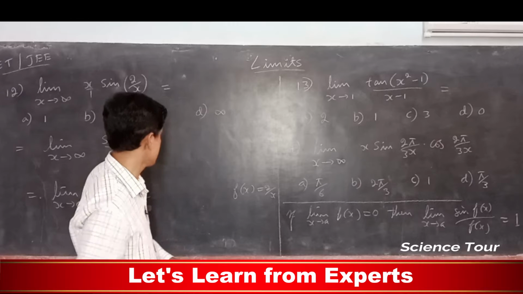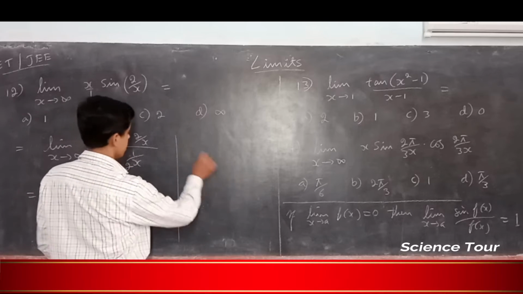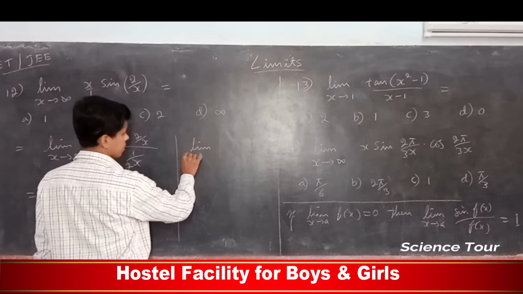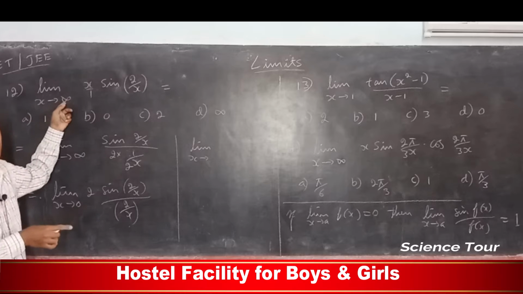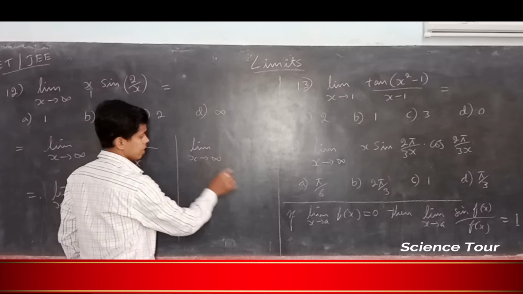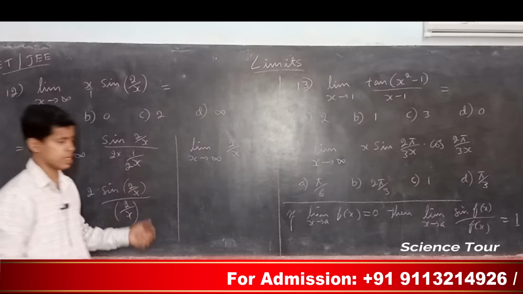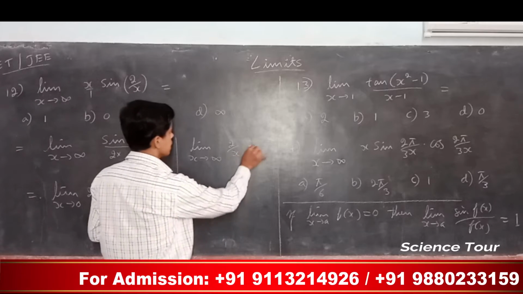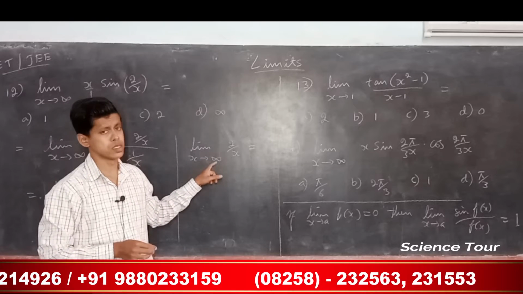How do I check it? Understand, limit as x tends to a, what is a for me? Infinity. And what is f of x? 2 by x. Is it equal to 0? When x becomes infinity, what will happen?